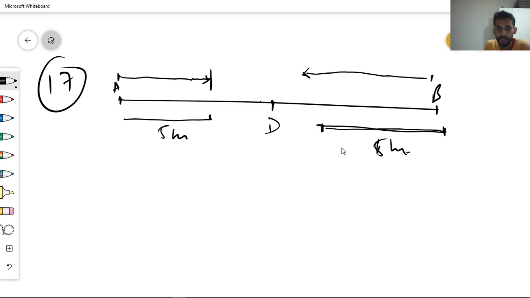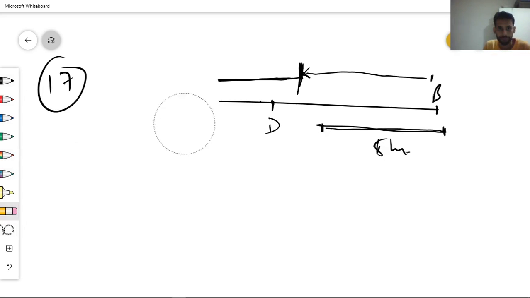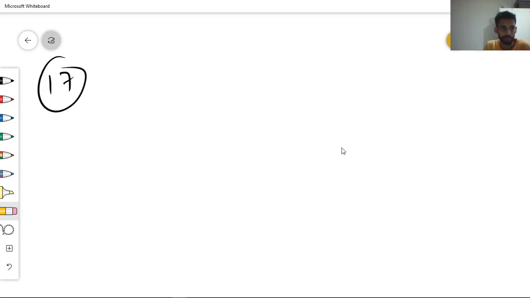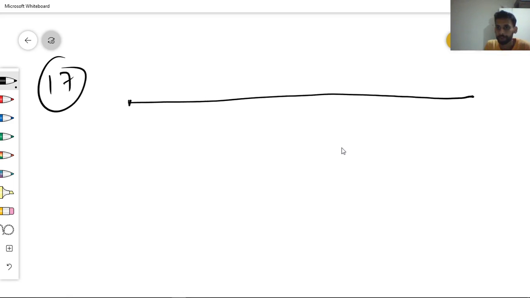Now here is the figure. First of all, this is Delhi, so two cars will be leaving here from the same point, that is A and B. In the opposite direction they are going.